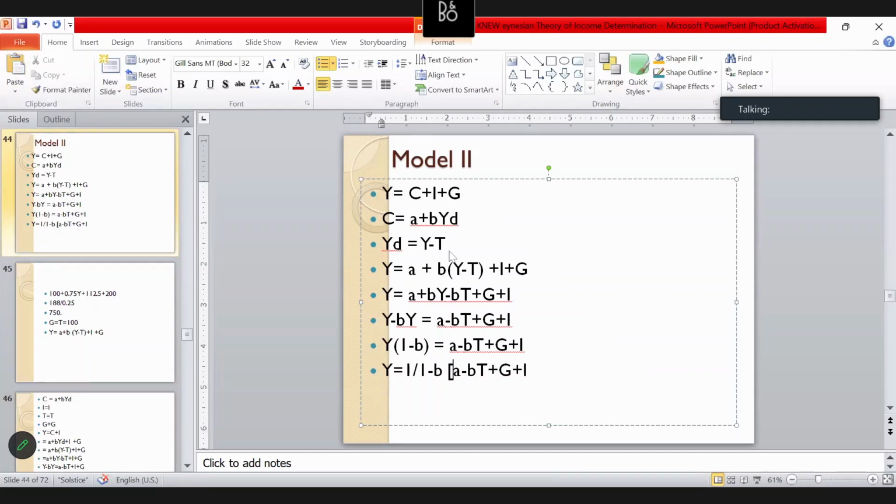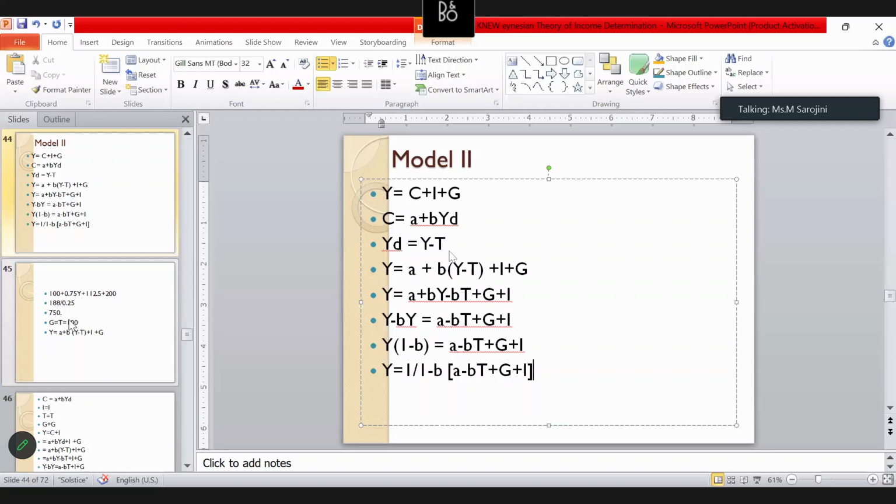So this is the equilibrium equation for the three-sector model, once we add the taxes as well as the government expenses.